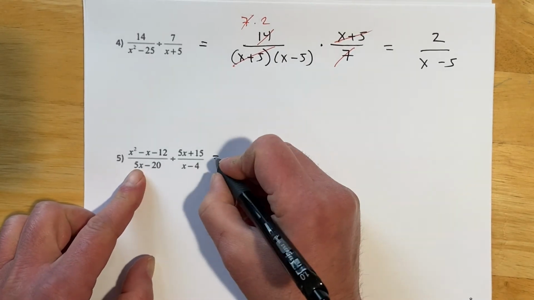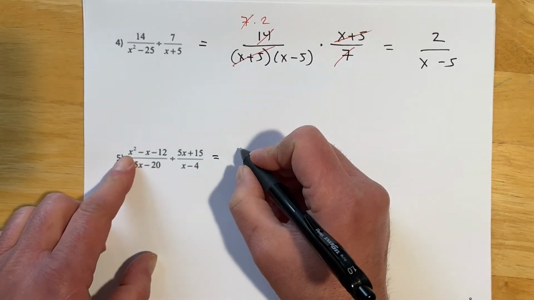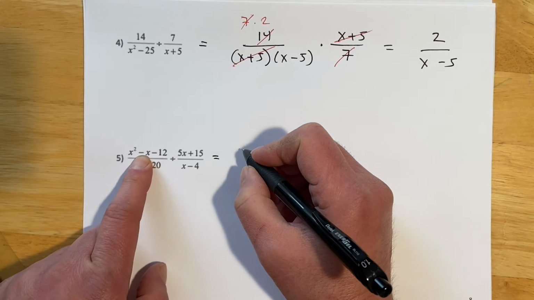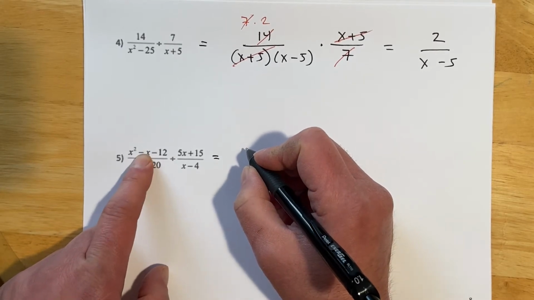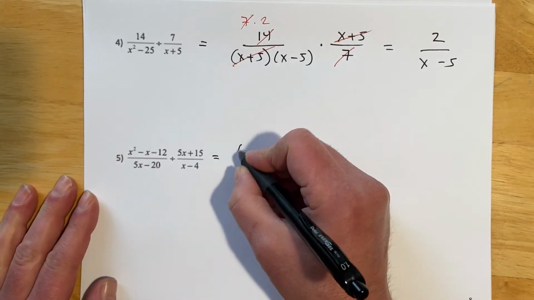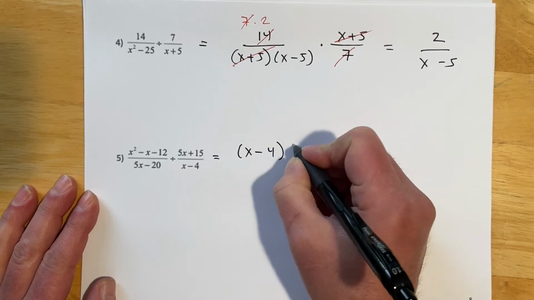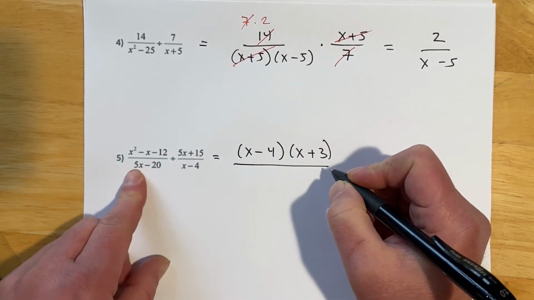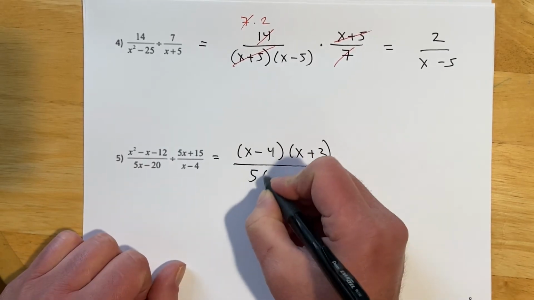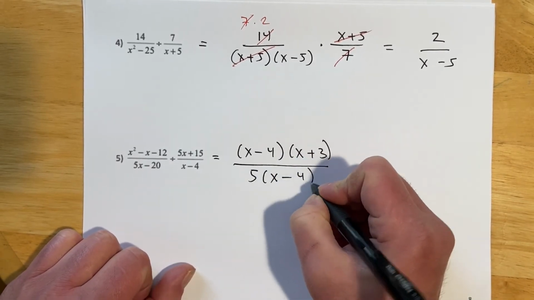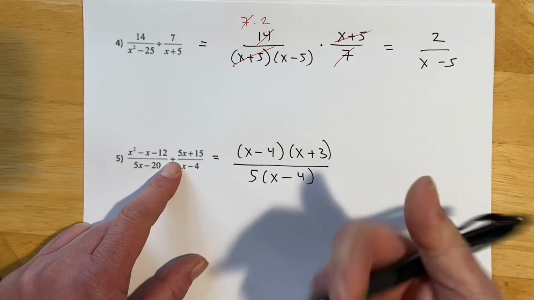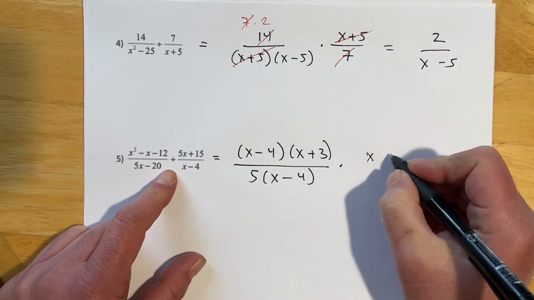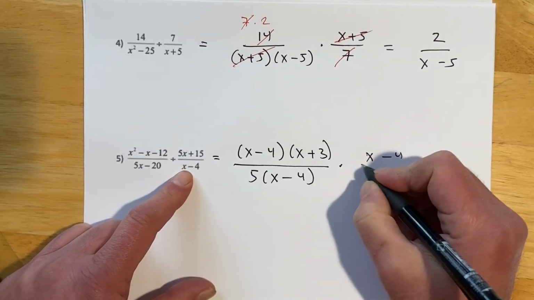Another division, a little bit more factoring on this one. So multiplies to 12, adds to be negative 1 would be a negative 4, positive 3. Right there we get a common factor of 5, so we'll take that out front. Division, so reciprocal times x minus 4.